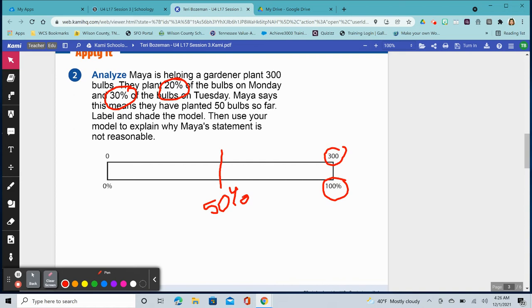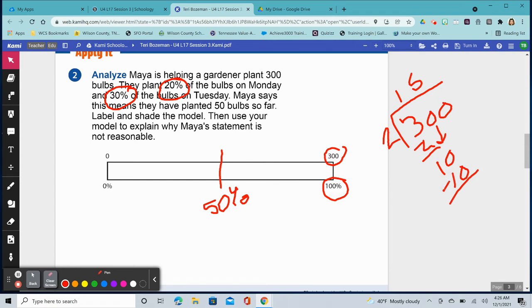If you're not sure, just come over to the side and divide 300 by 2. So we get 150.